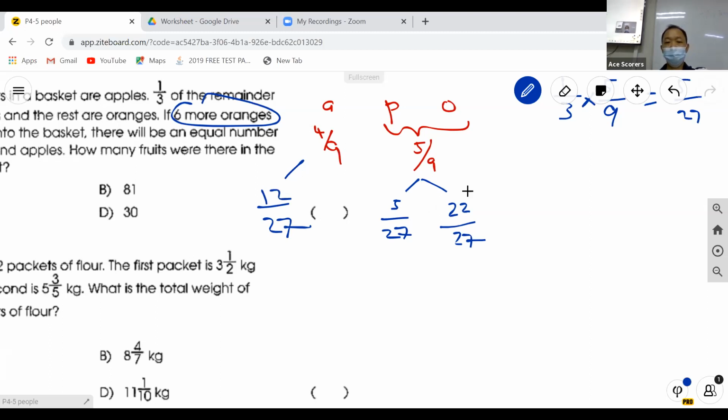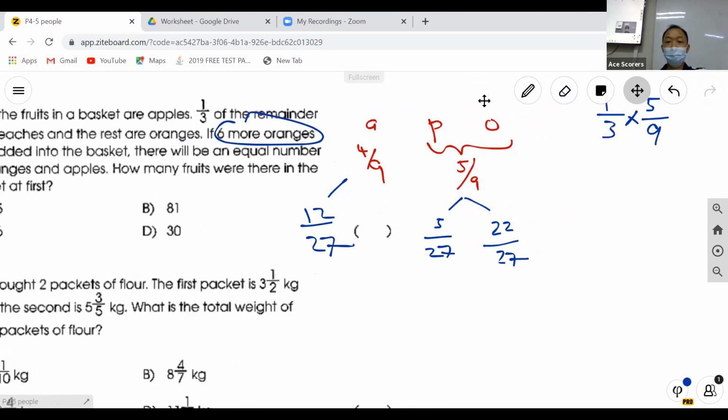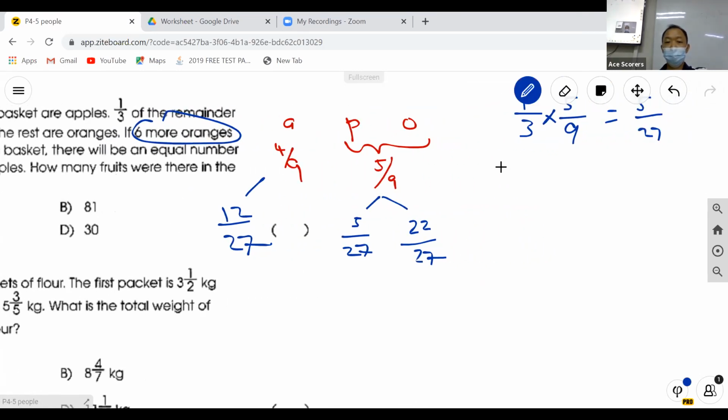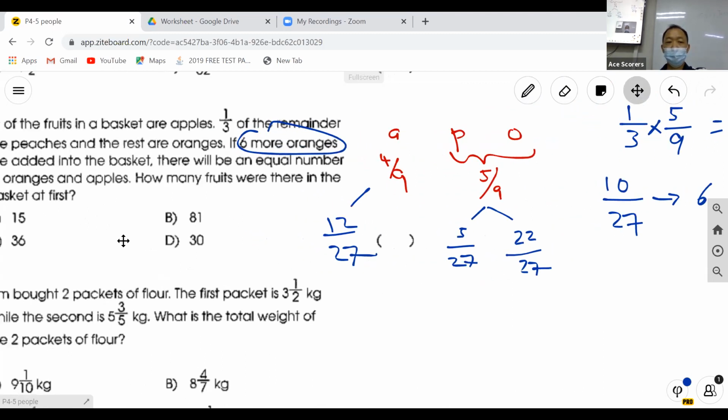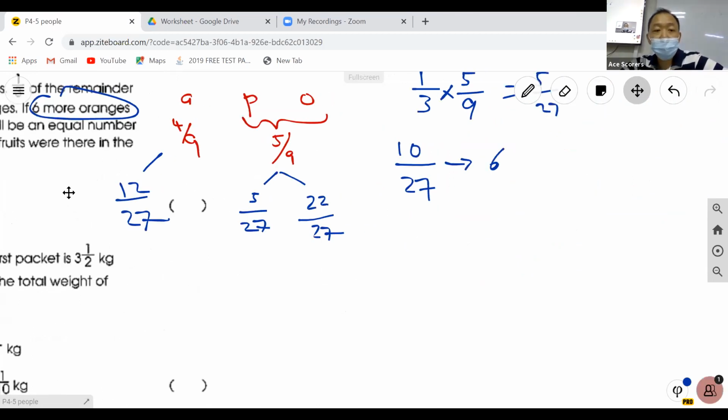So I get 12 over 27. Now if 6 more are added, I get equal number of orange and apple. What this means is 10 over 27 is equal to 6 fruits. So how many fruits are there in the basket at first?